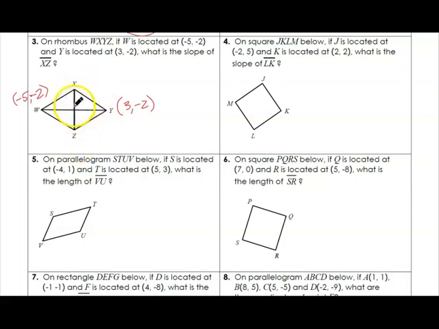Well, they form a right angle, which means that their slopes should be opposite reciprocals of each other. So if we find the slope of WY, we'll do the opposite reciprocal slope of that. So let's see what the slope of WY is.